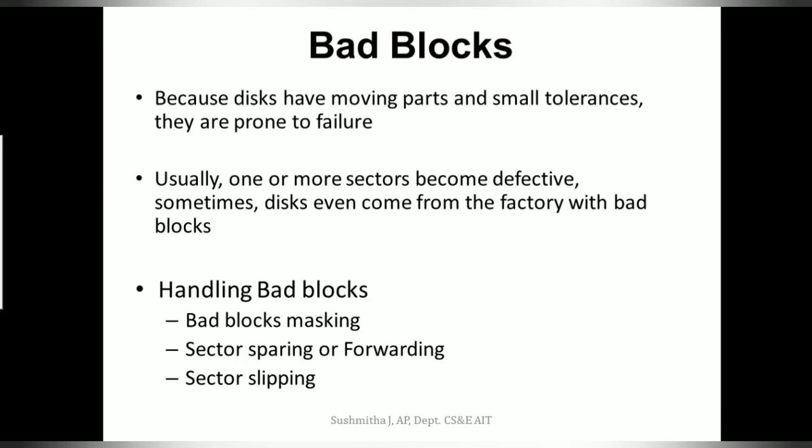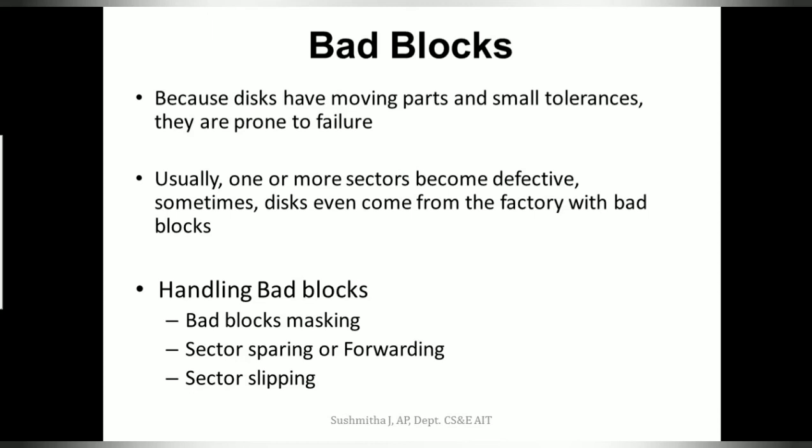One simple strategy is to do it manually, where we scan the disk to find bad blocks while the disk is being formatted. Any bad blocks that are discovered are flagged as unusable, so that the file system does not allocate them.